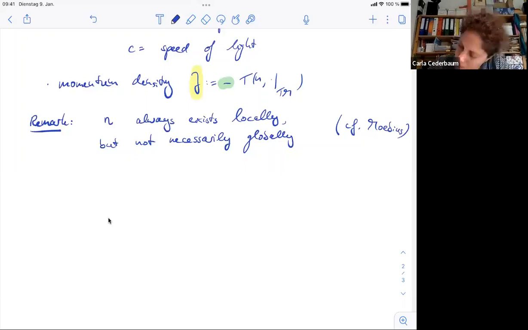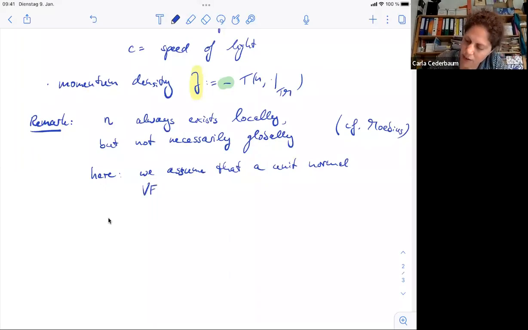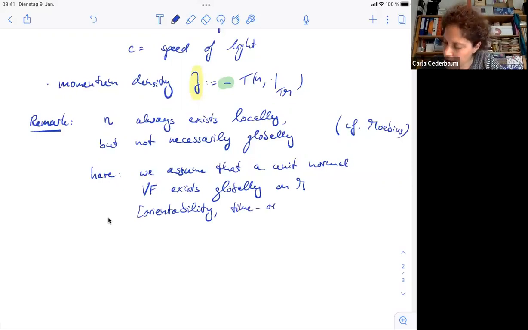But here, and in most of what I've seen of general relativity, when people are not specifically talking about this issue as a matter of interest, we assume that a unit normal vector field exists globally. This follows from some orientability assumptions and time orientability assumptions that I'm not going to make explicit because they're not in the central interest of this mini course.